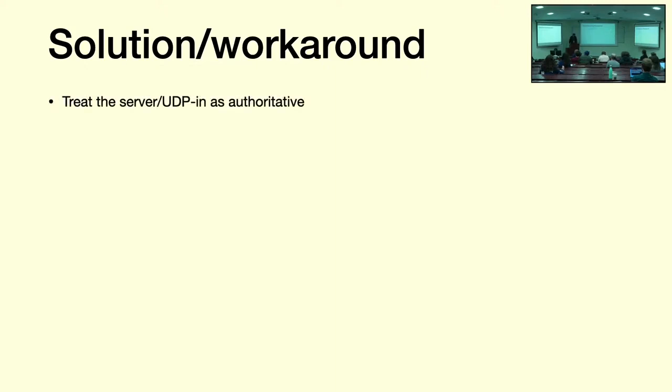Essentially, the approach that I employed was to treat the server and UDP input as authoritative, even though, as I've just described, the server is pretty unreliable timing-wise, but it's the source of the audio, so it has to be treated as authoritative in this case.